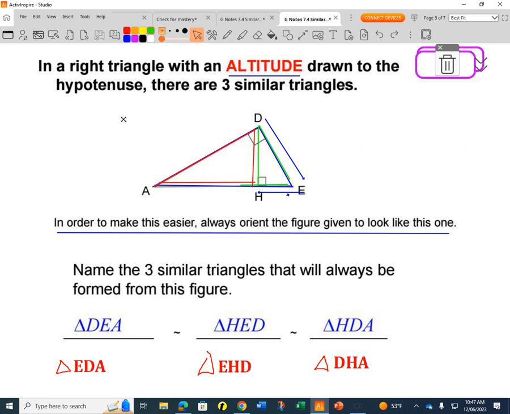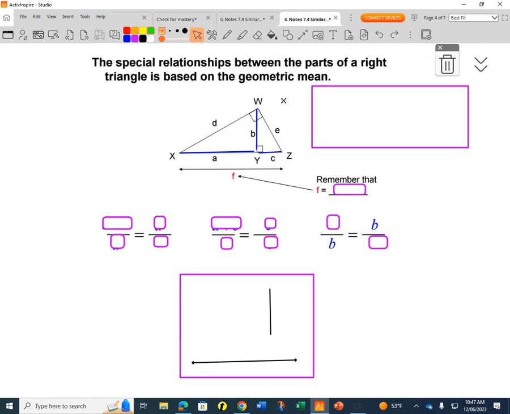So we have these 3 similar triangles, and the geometric mean is the length of the long leg of the big triangle, the short leg of the big triangle, and the altitude that we've drawn to create the other 2. So those values are all the geometric mean.